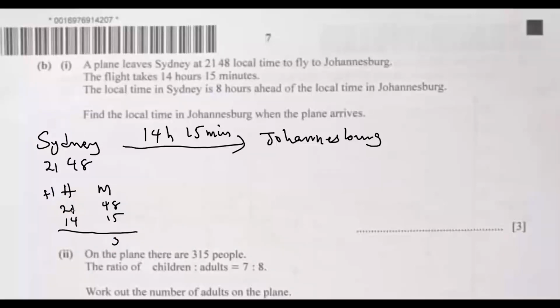If you add 21 to 14, that will be 35. Add 1 again, the one you kept here, that will be 36. Of course 36 is more than 1 day, so you can say 36 minus 24. That will give you 12 hours. So the 36 will be a day and 12 hours.